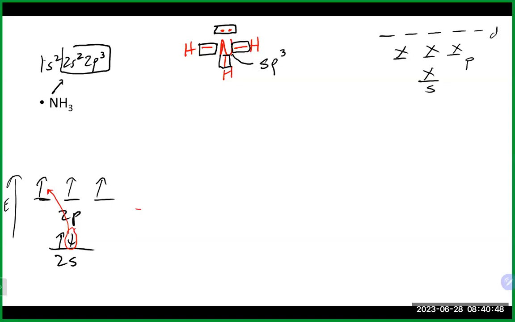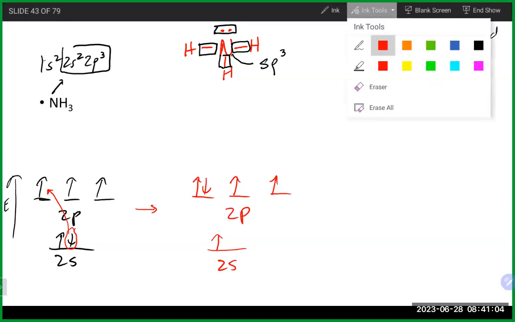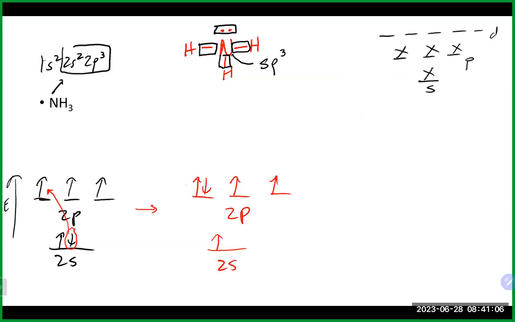Now we're going to hybridize the S and all of the p orbitals.